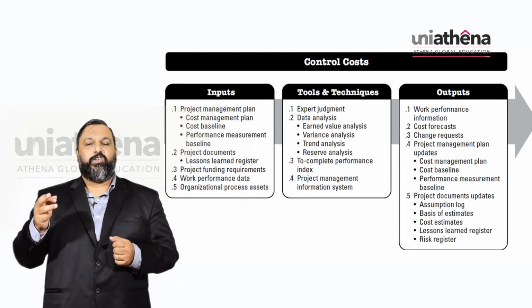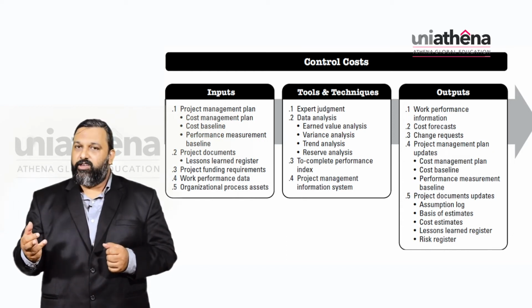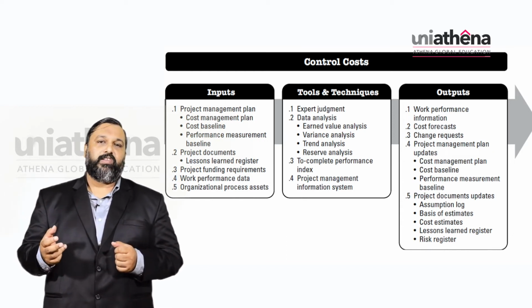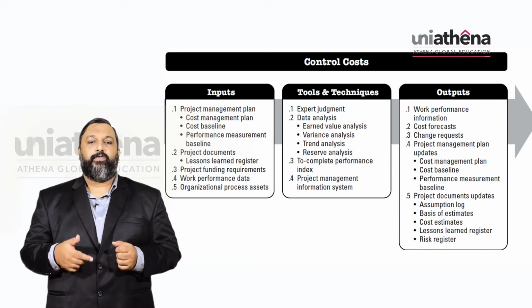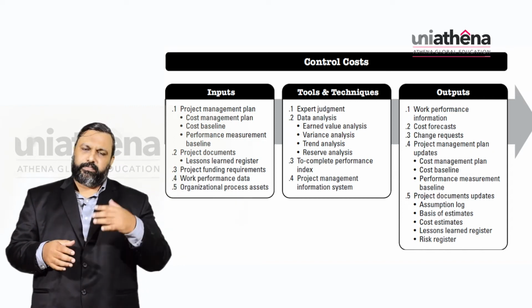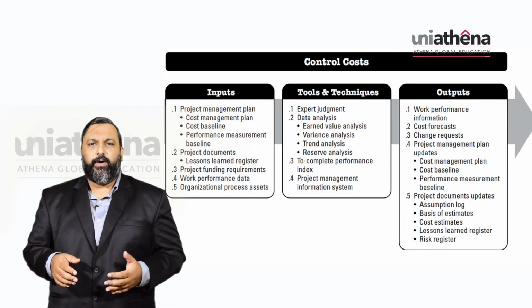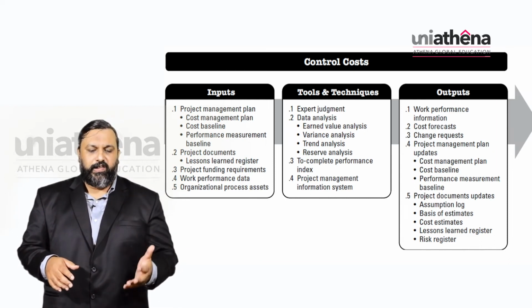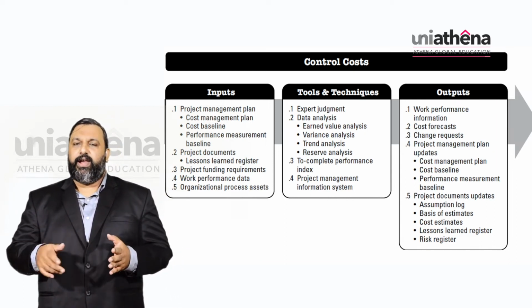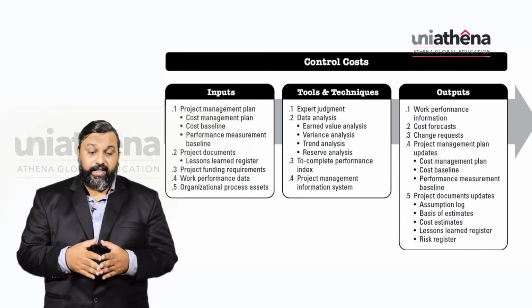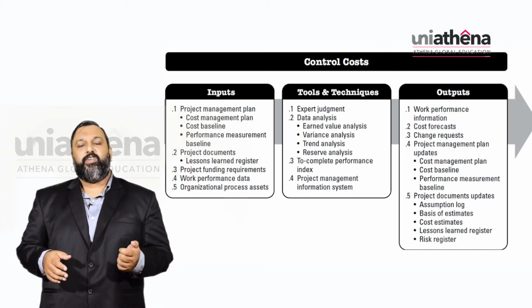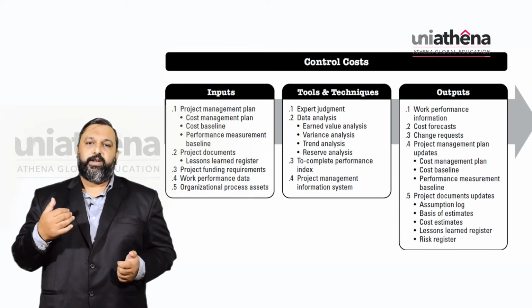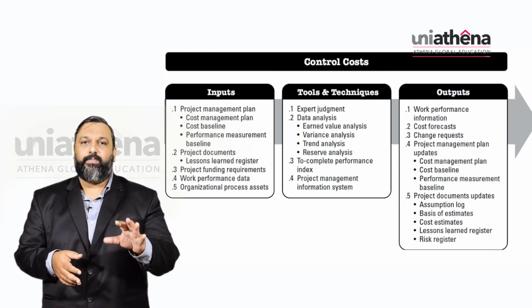First is the cost management plan, then your cost baseline, and then the performance measurement baseline. Then again, you have your project documents, which is your lessons learned register, which is another input, and then you have your work performance data and organizational process assets. So these will be your inputs.